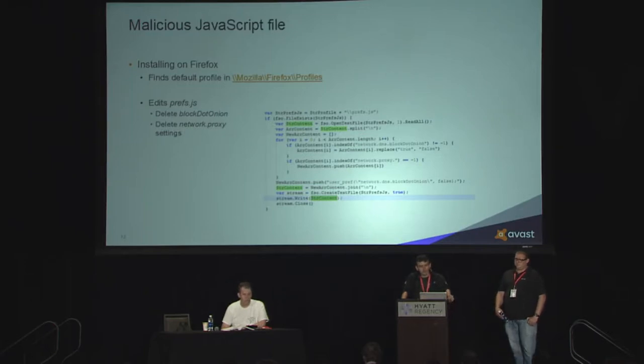If these settings are set, the malware needs to delete them, and after that Firefox will use the default Windows proxy settings. So it goes through prefs.js and deletes all the lines which contain network.proxy. There is also the value called block.onion. To be able to access .onion domains, this item needs to be deleted if present.